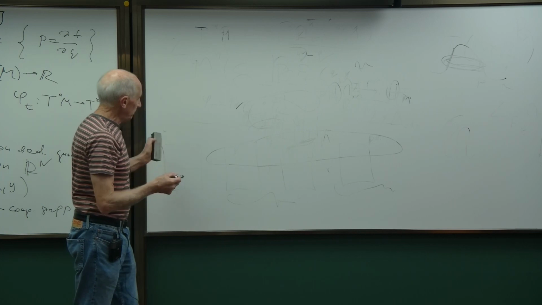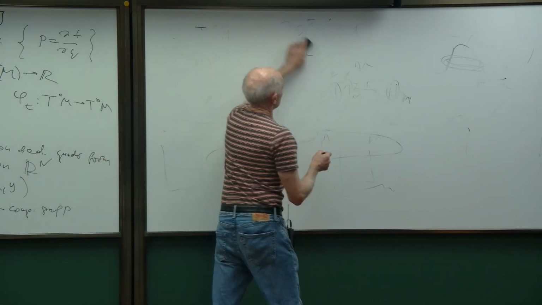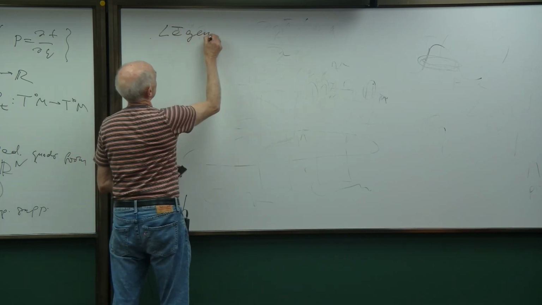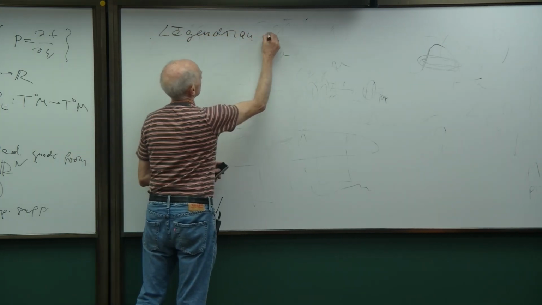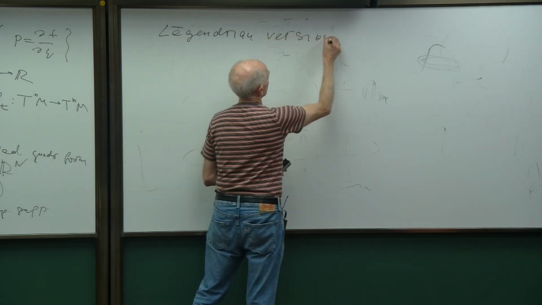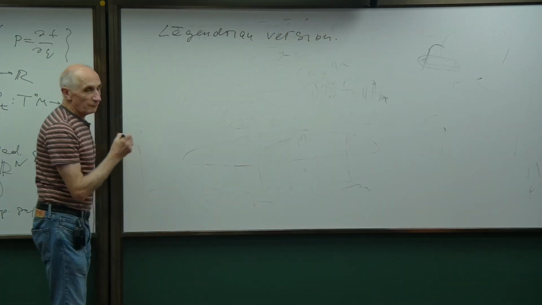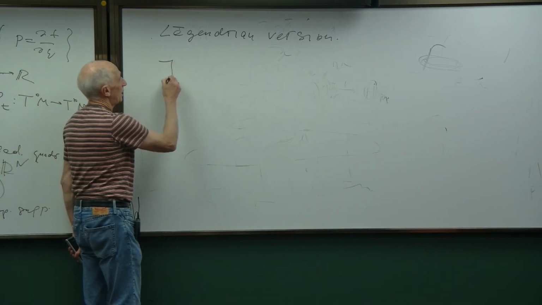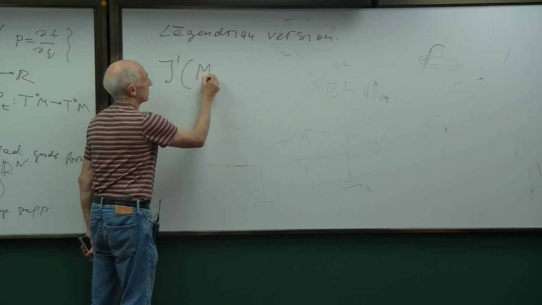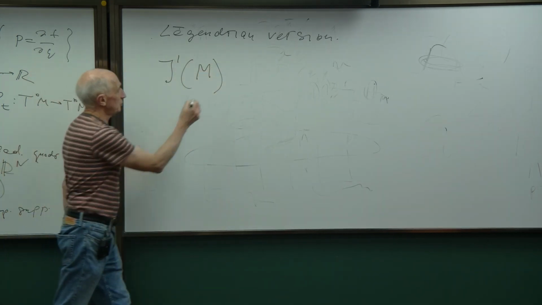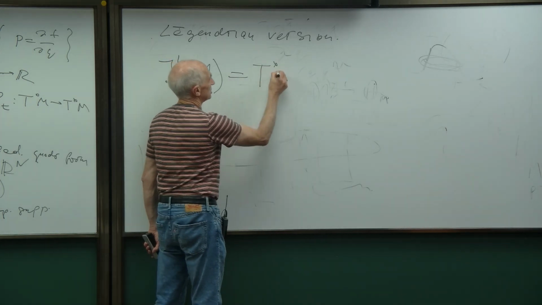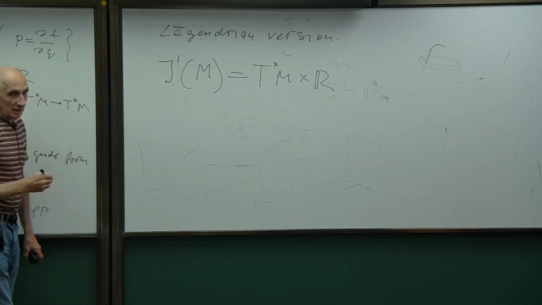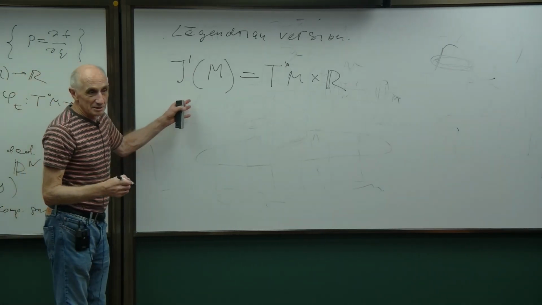Okay, so now the next thing is the Legendrian version. First, there will be two Legendrian versions. In one, we take the one-jet space of M, which, as we discussed, is just the cotangent bundle of M times R. Again, I take a zero section here.